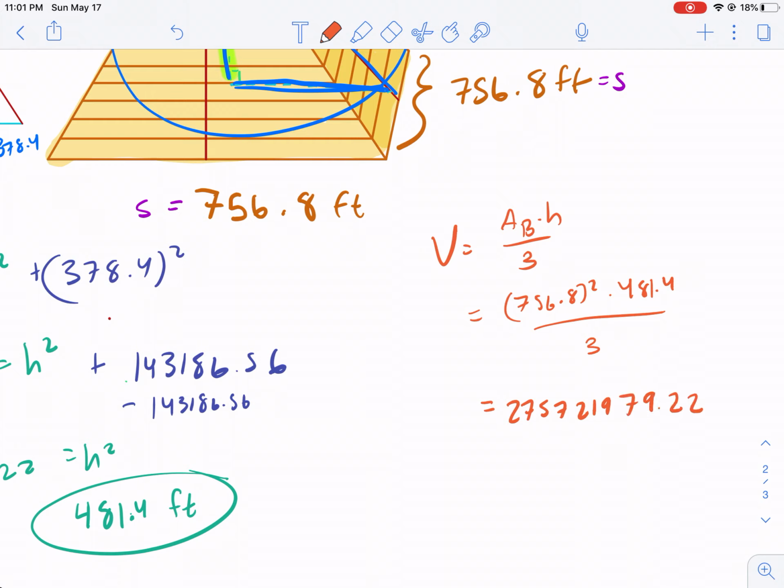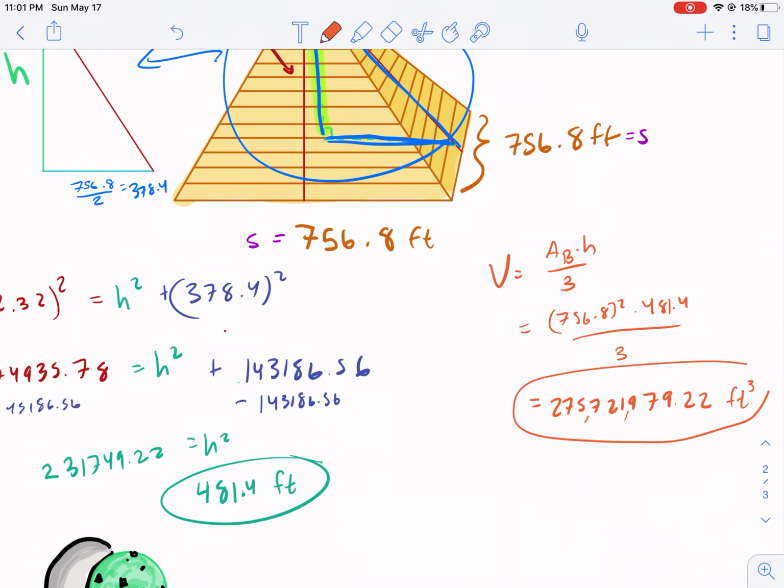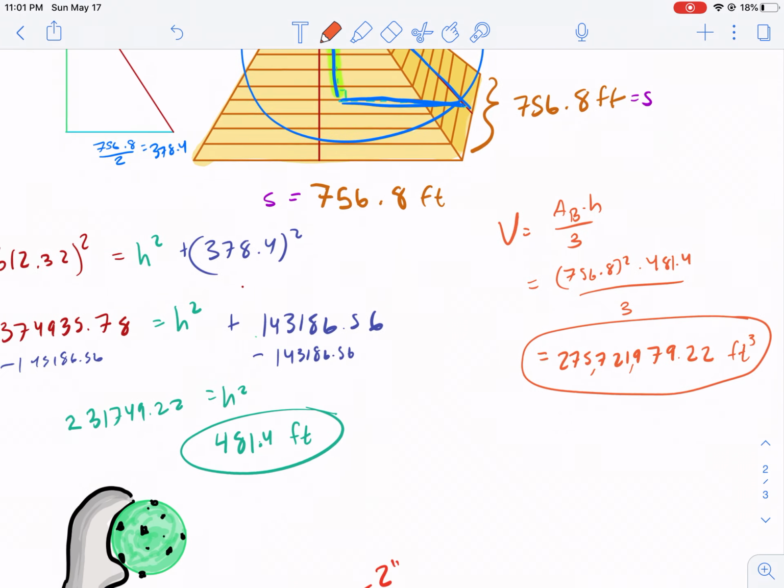Okay, so we have boom, boom. Okay, so this is humongous. This is 275 million cubic feet. So this pyramid is large. They could fit a lot of mummies in there. And that's how we do that.